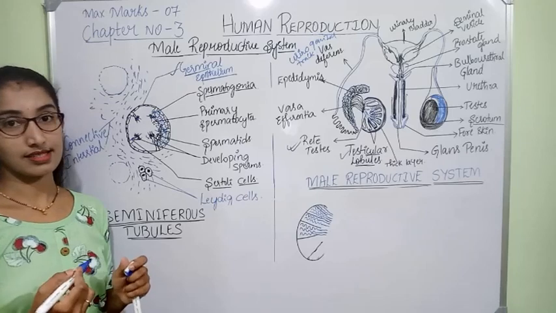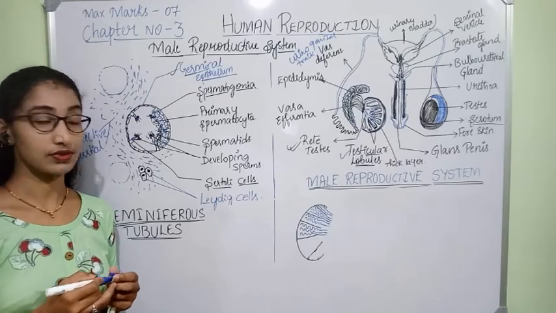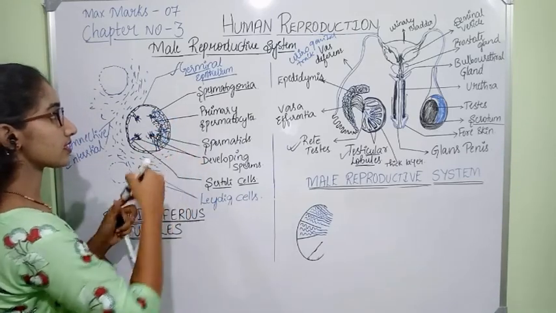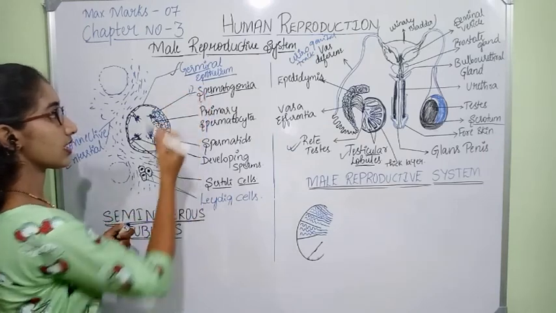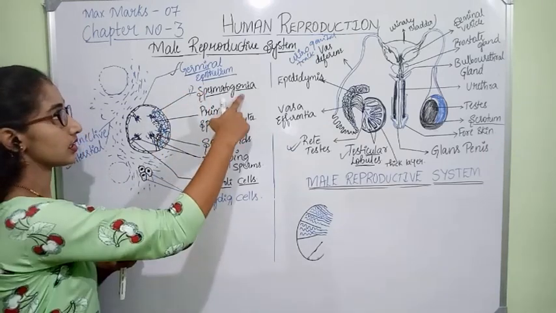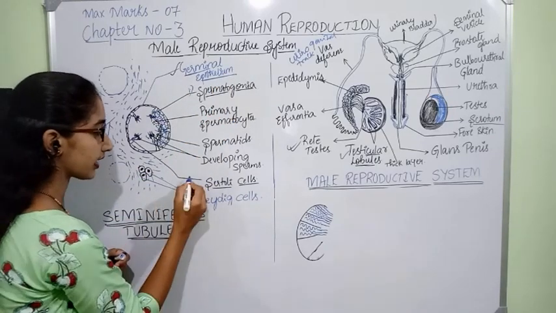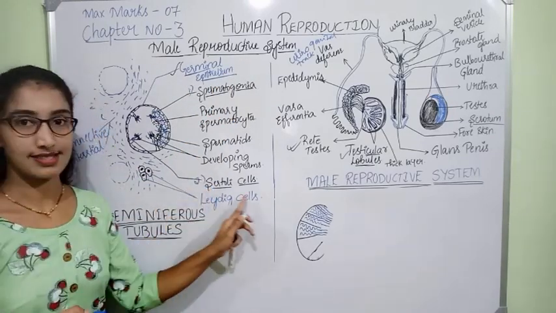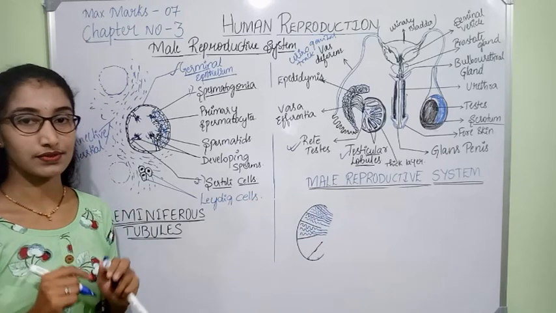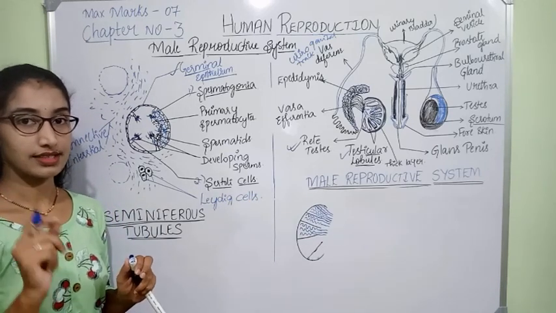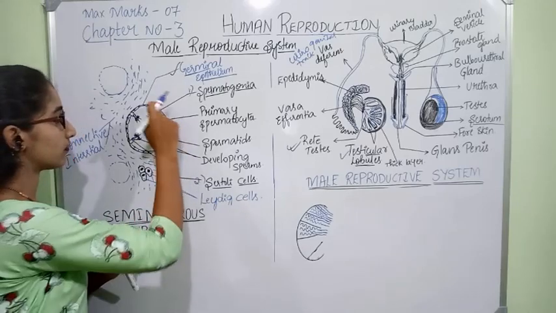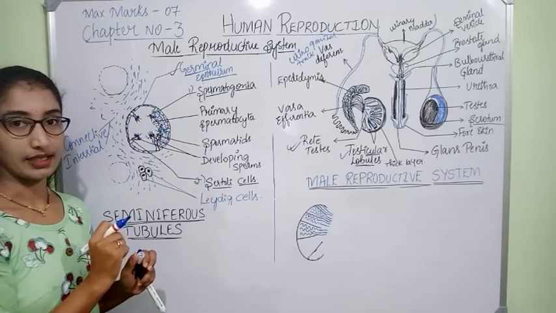On which basis are we differentiating them into 2 different types? The first type, as we said, spermatogonia, is one of the male germ cells, and the second one is Sertoli cells. These are the 2 different germinal epithelium cells that we find in the lining.